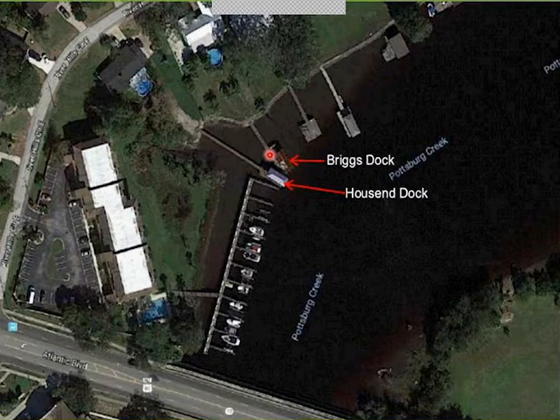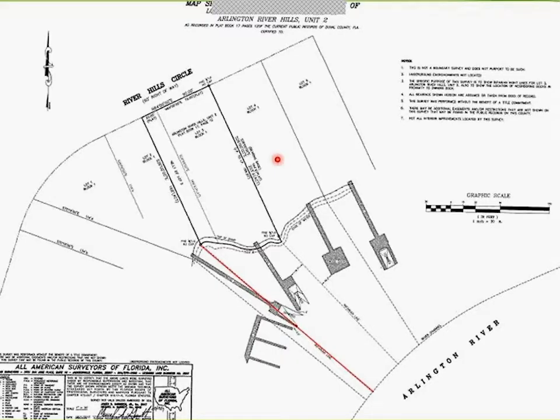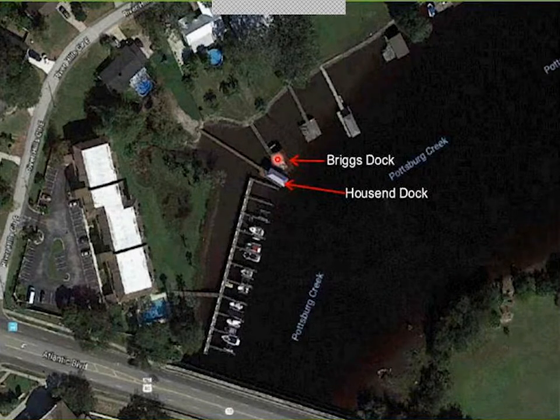We have answered the laches defense by saying that they had the survey in their hands. They built it knowing that it was crossing the riparian line, and so they can't assert the laches defense. I feel pretty good about that. We will see how it turns out, but that's an example of a pretty obvious dispute over where your riparian line is located.